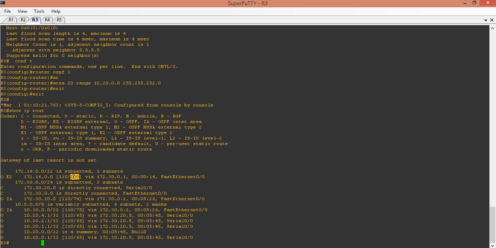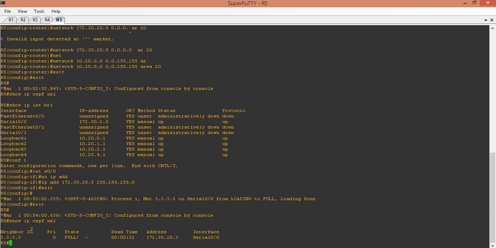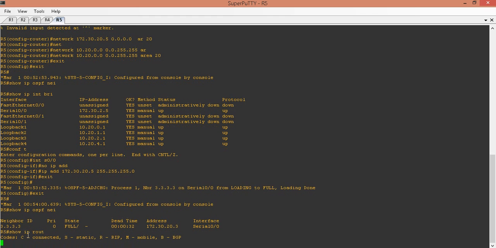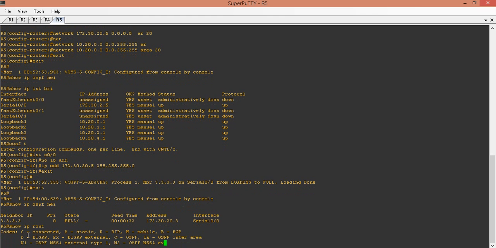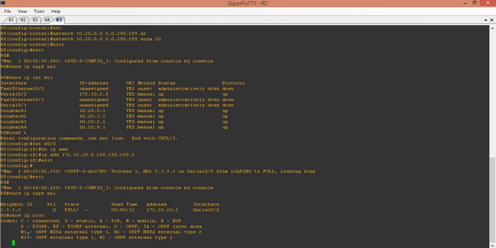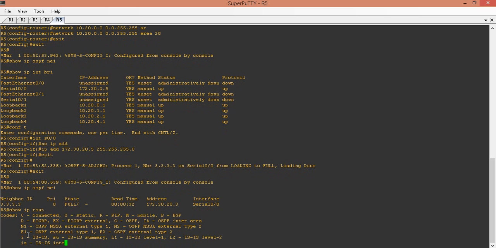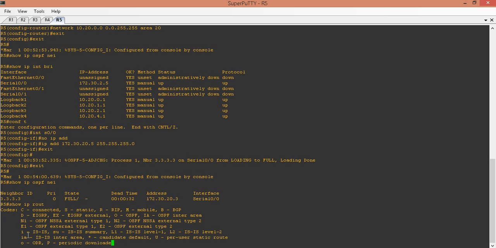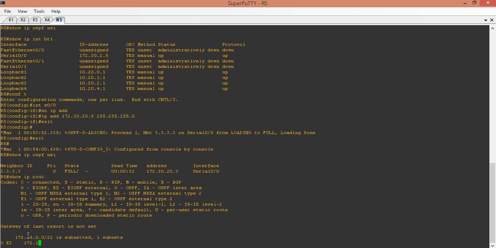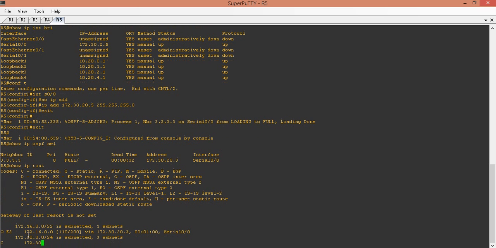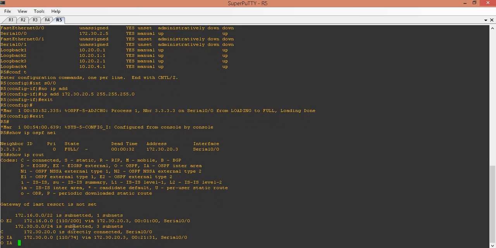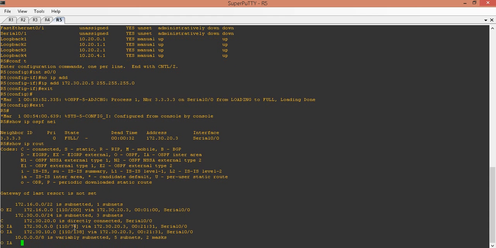It will never change. I'm going to check it on router 5. So IP route, so you can see it here too, 200. No metric changes.